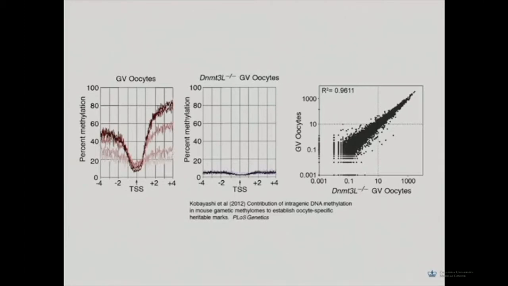Here we're looking at the methylation in the mutant versus the wild type. Very little methylation here, but the expression is largely unaffected. You can see a very large correlation coefficient. And there are numerous other lines of evidence that indicate that DNA methylation does not turn genes on and off during development, as is commonly assumed.